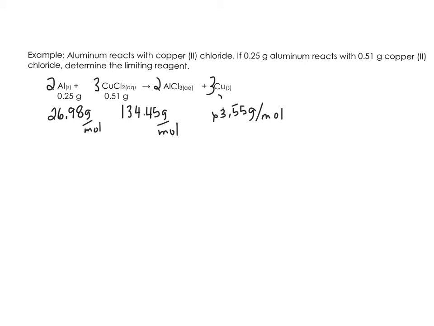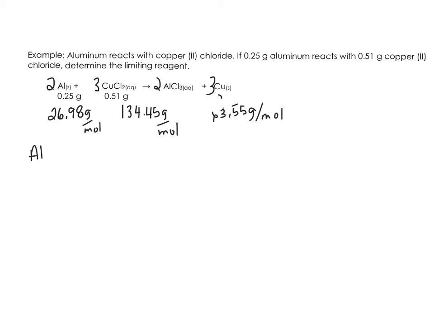All right. So we're going to figure out how much copper we can produce from aluminum and how much copper we can produce from copper 2 chloride. Now there is another way to do this using formulas, and that is to assume one of your reagents is limiting. So maybe I assume aluminum gets all used up.